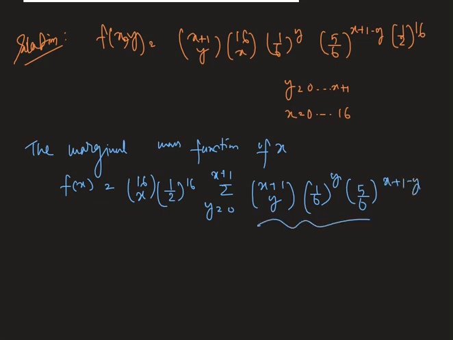So this is nothing but the PMF of binomial x plus 1 comma 1 by 6. Therefore we get 16 choose x multiplied by half to the power 16, as this sum results in 1.